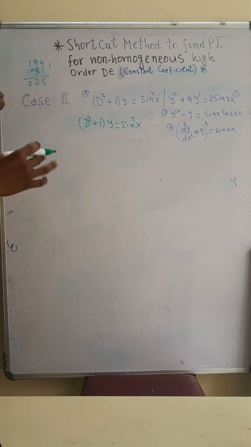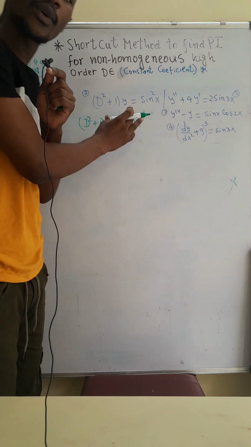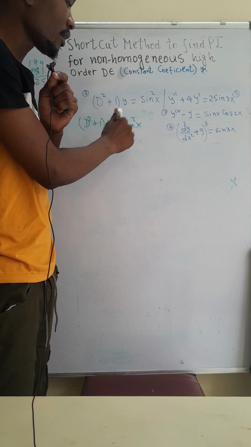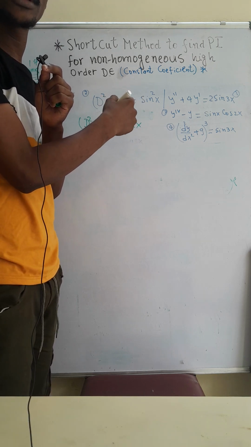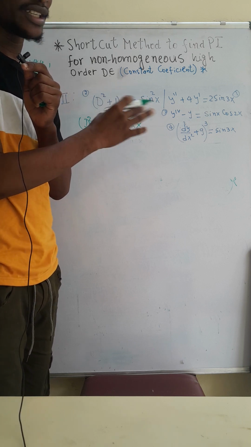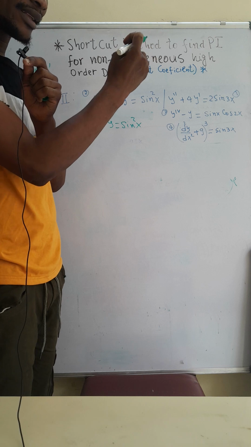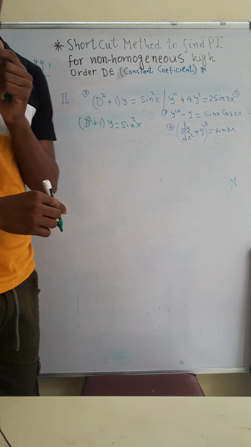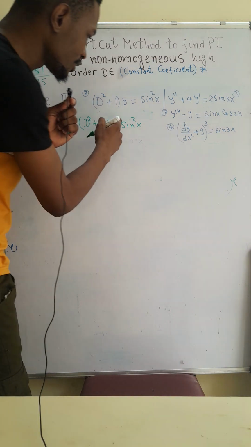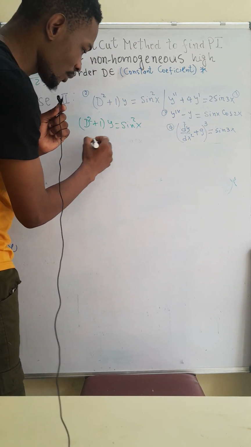Right, so here I have sine squared of x. And sometimes you're going to have expressions like sine cubed, sine raised to 4, 5, 6, 7. There is always a way to reduce the power of this sine. And how do we reduce the power of the sine? We use equivalent formulas.